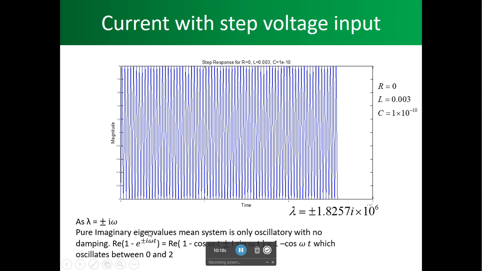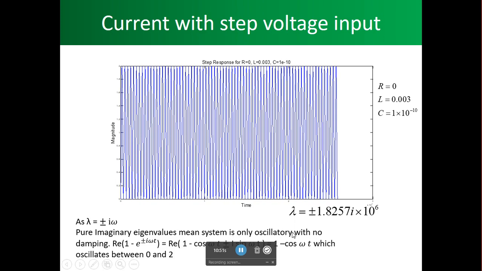Let's look at that for a second. If we want the real part of 1 minus e to the plus or minus i omega t, as you can see here, we plug in for omega t our cosine omega t and our i sine omega t.